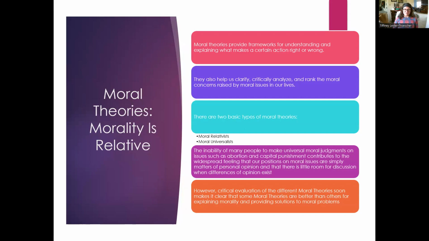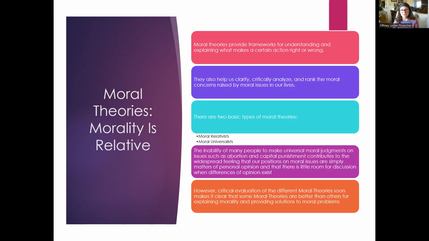So the inability of many people to make universal moral judgments on issues like abortion and capital punishment contributes to this really widespread feeling that our positions on moral issues are simply matters of personal opinion, which then makes us think that there's really no need to discuss them. There's no room for discussion because everyone has a different opinion and we're allowed to have different opinions.